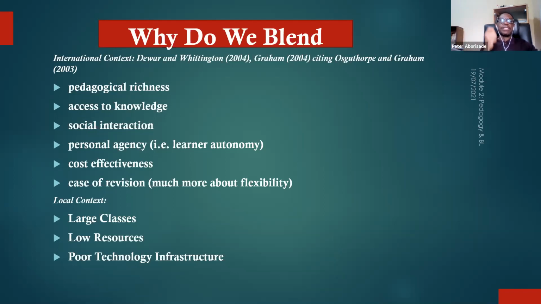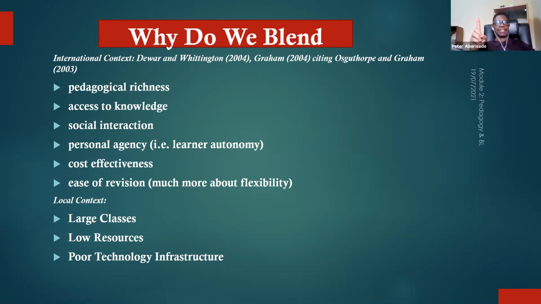So this is the reason we blend, using what we have and creating more learning environments, so that we can give more to our learners.